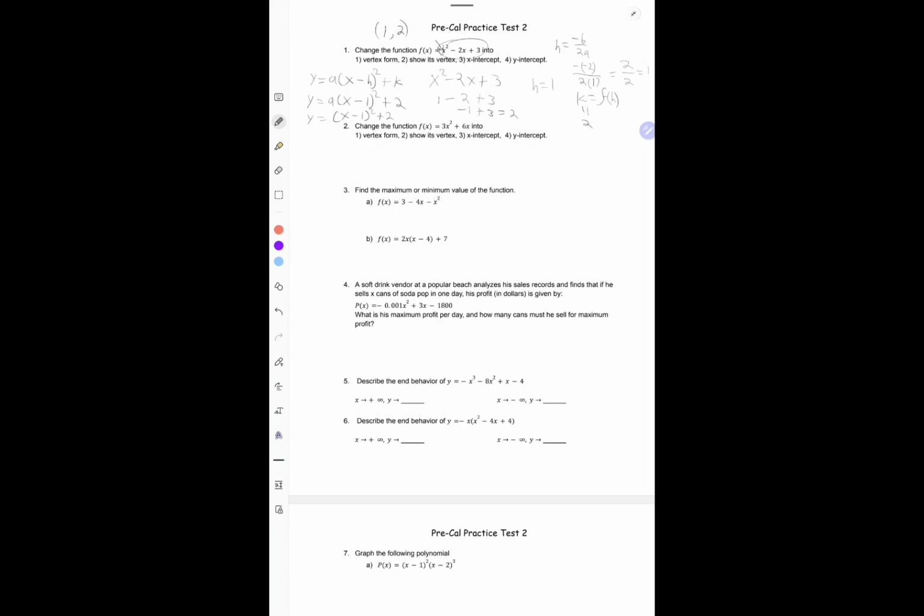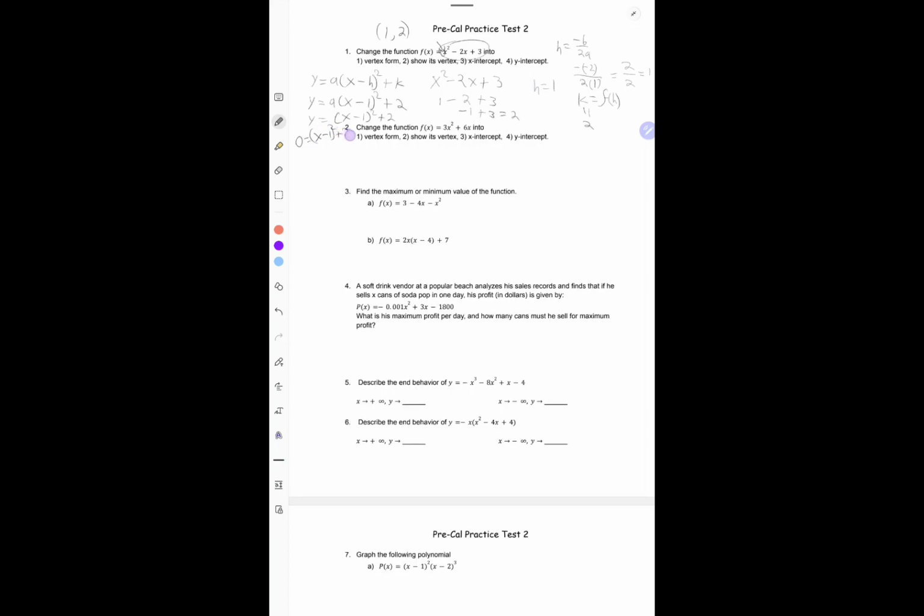What is the x-intercept? To find the x-intercepts, we have to make sure that our y is equal to 0. So set y equal to 0, and we're left with 0 equals x minus 1 squared plus 2, right? Which means that negative 2 must be equal to x minus 1 squared.